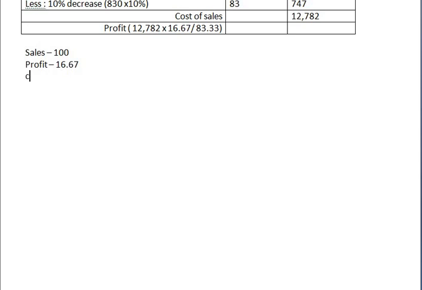Okay, so cost is 83.33. Okay, now just cross multiplication we are going to do here.